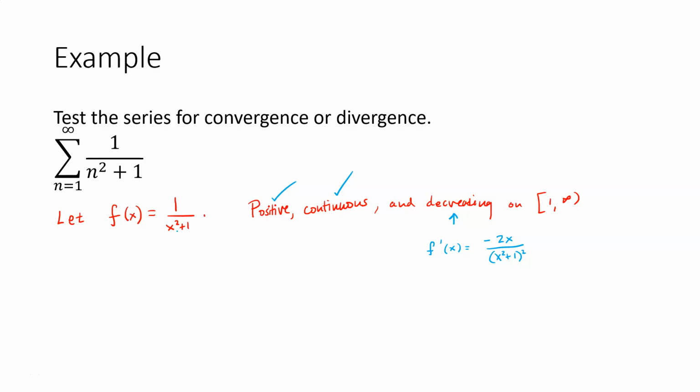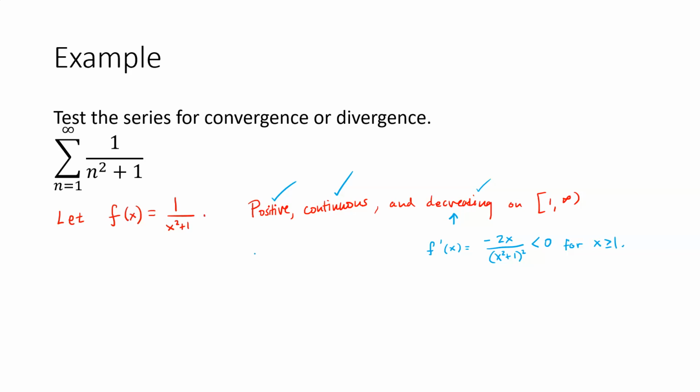You can see that just by doing the derivative here. Notice that this is going to be less than 0 for values of x greater than or equal to 1. So that shows that last part, that it's decreasing.